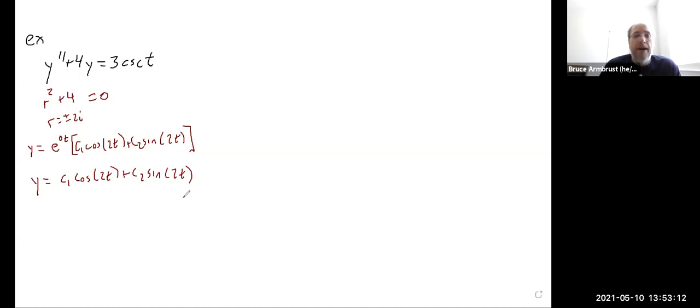However, if you are actually getting a particular solution to the original differential equation, so you have an initial value problem, when you have sines and cosines that you're adding together, you usually do want to combine them into one.